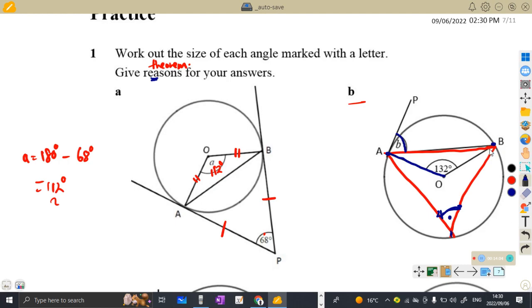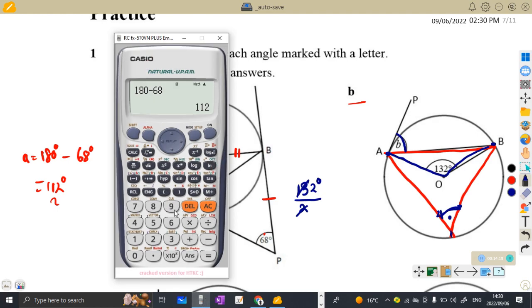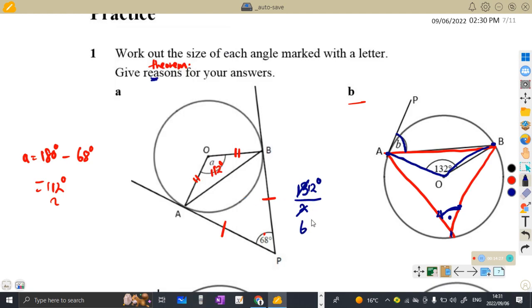Remember, angle at the center is twice the angle at the circumference. So to find this one at the circumference, it is going to be 132 degrees divided by 2, which is going to give us 66. We can have 6 here, remainder 1, that would be 66.